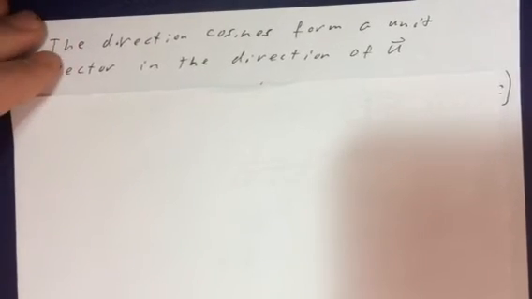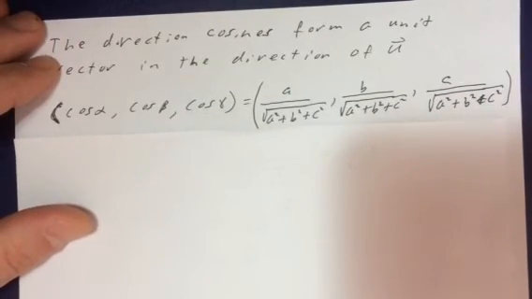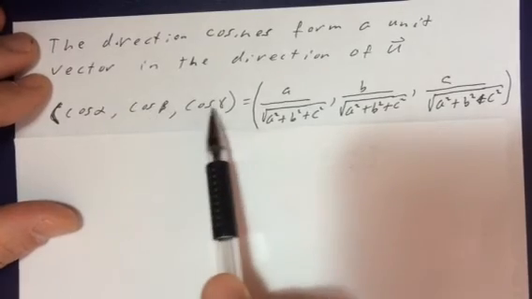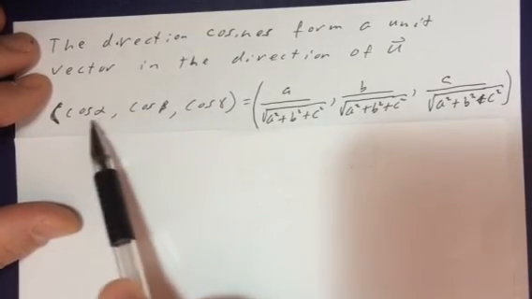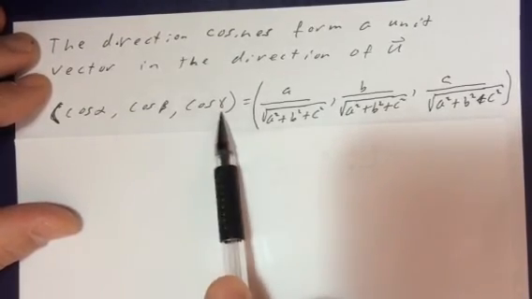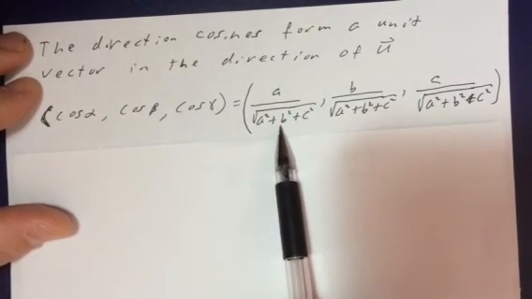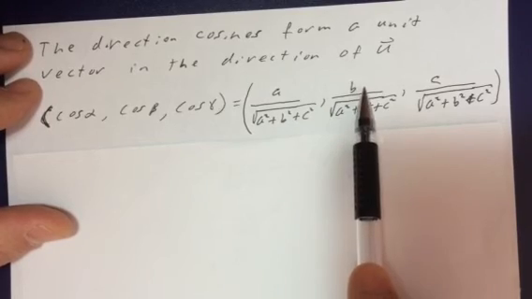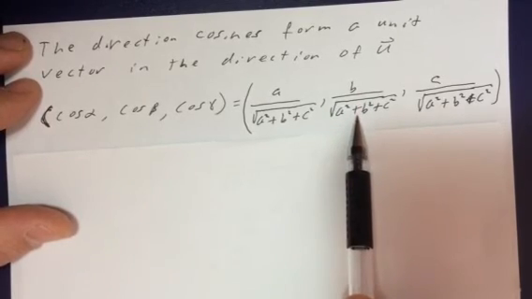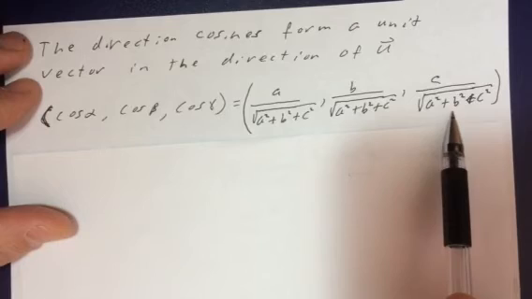This can be shown quite easily, so let's write it out. The direction cosines, cos alpha, cos beta, cos gamma, write them out as a vector. Well, these are what they are: a over the magnitude of u, b over the magnitude of u, and c over the magnitude of u.